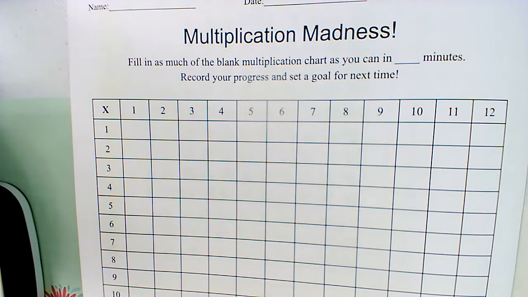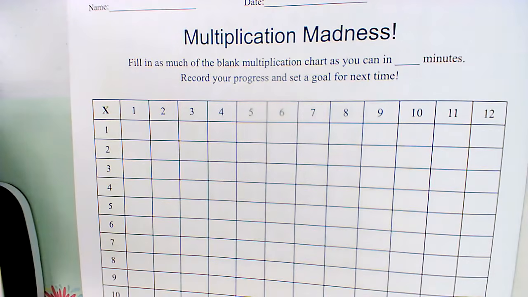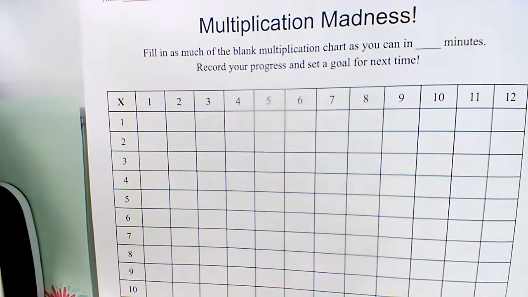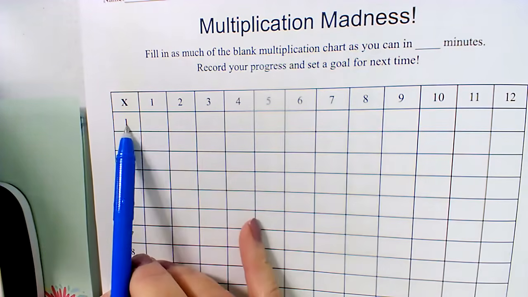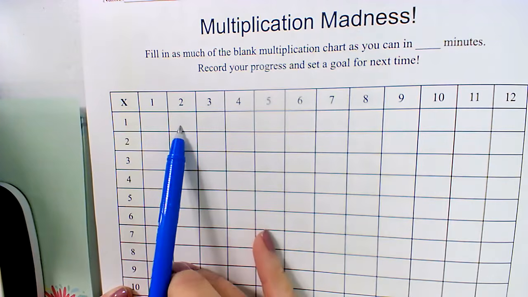So I have set this one up, or printed this one out, I should say. You already automatically start with skip counting by ones across and down. And then you're going to add that row again, because 1 times 1 is 1. 2 times 1 is 2.